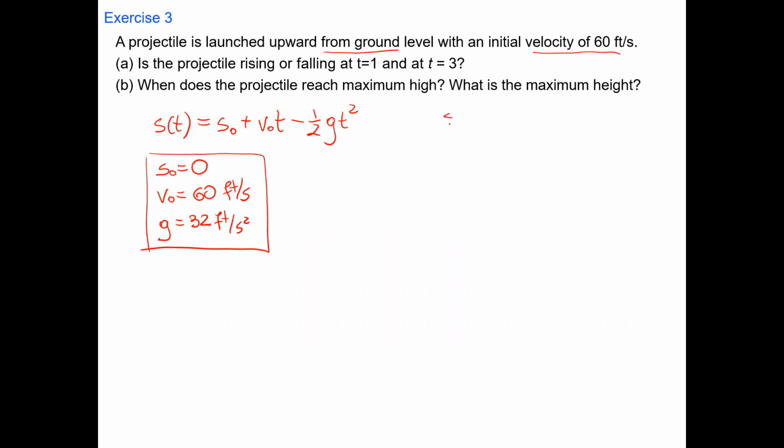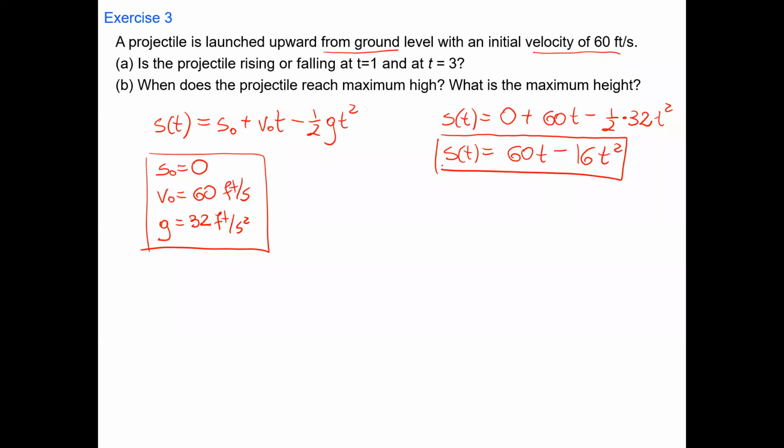Now let's see what the equation is. This is 0, this is 60t minus 1/2 times 32 t squared. Then our position function is defined as 60t minus 16t squared. You can see we did create the equation.